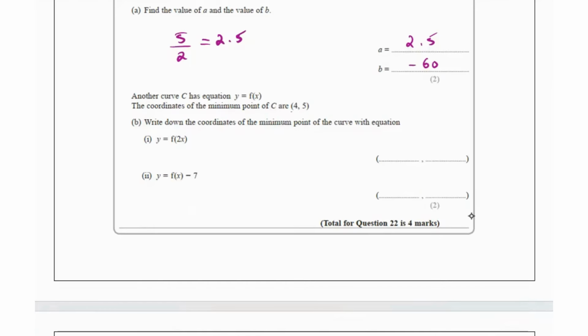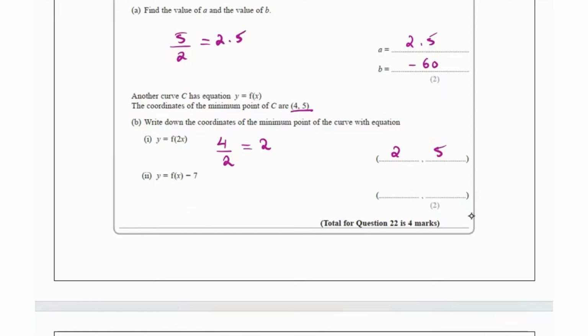So since we're transforming (4, 5), you divide 4 by 2. That gives us 2. So the x value becomes 2, and the y value remains as it is, because we're only changing x. The 2 is only being multiplied to x, not to y. Hence, 4 becomes 2 and y remains as it is.